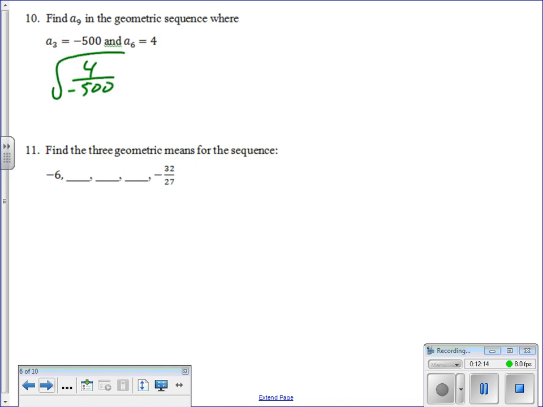And in this case, because I'm going from the third, a sub 3, negative 500, to a sub 6, the sixth term is 4. So that means I take the cube root of that. And you end up getting 1/5 for your r.